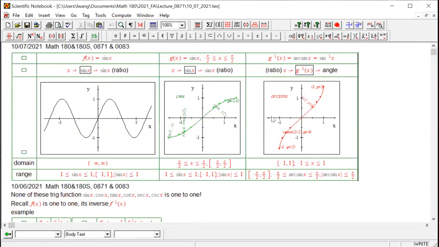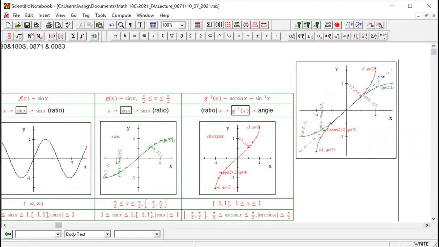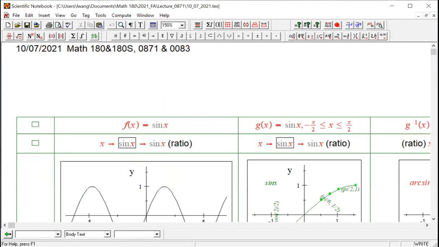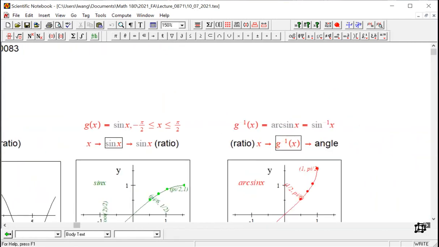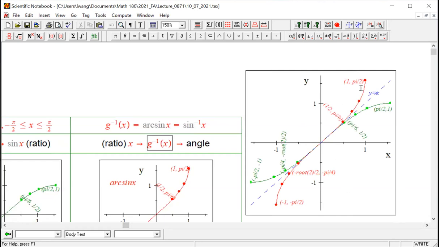So this picture, when these two are in the same frame, what do we see? The red is arcsine. The green is the G. The red is G inverse.